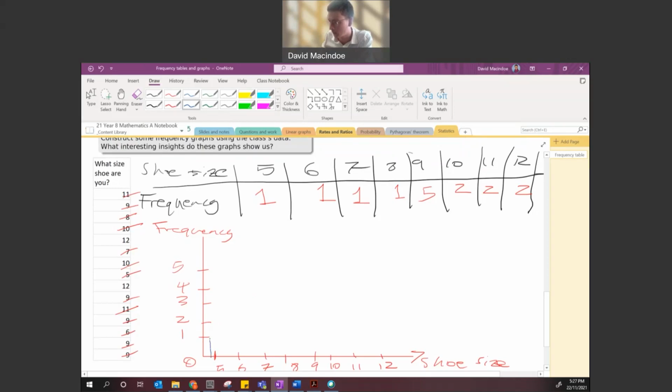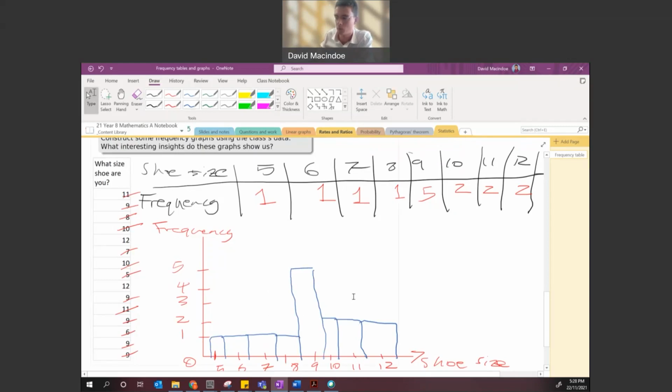So I'm just going to do this around my 5, 6, 7, 8, and then 9 is all the way up to 5. So we go there. And then we've got some 2s for 10 and 11 and 12. And then we've got a frequency graph of shoe size of the class.